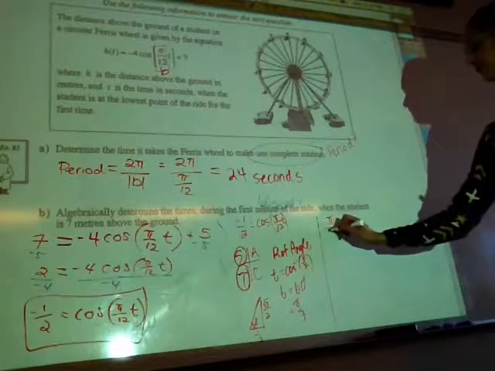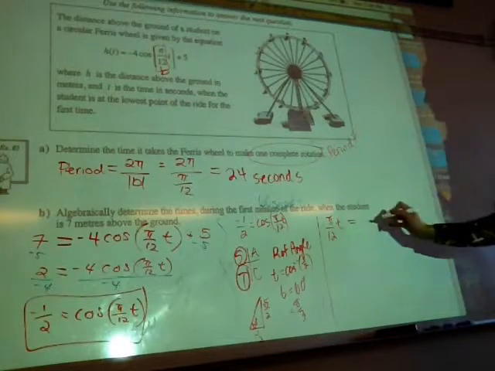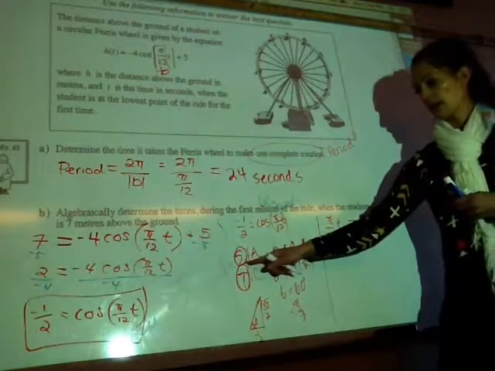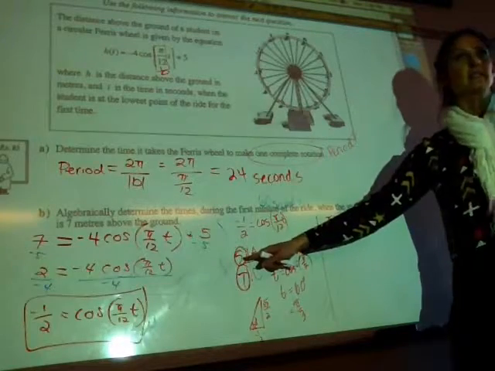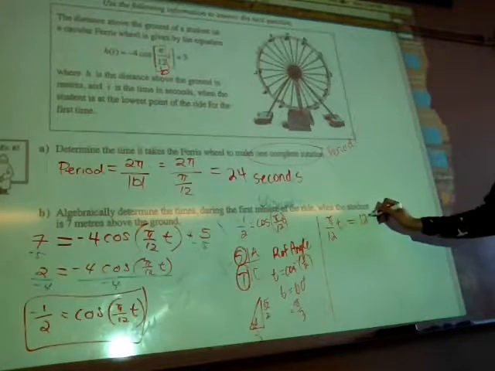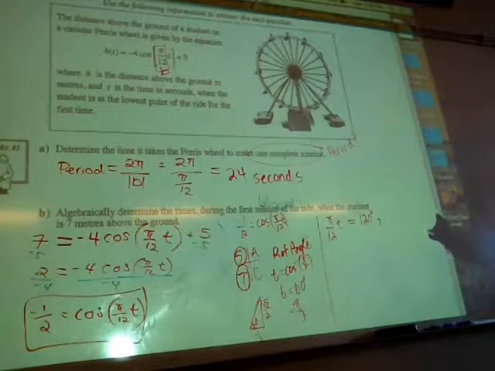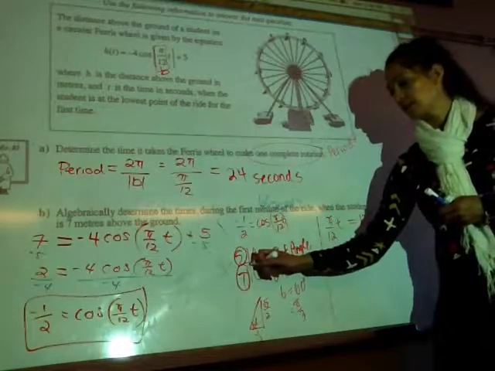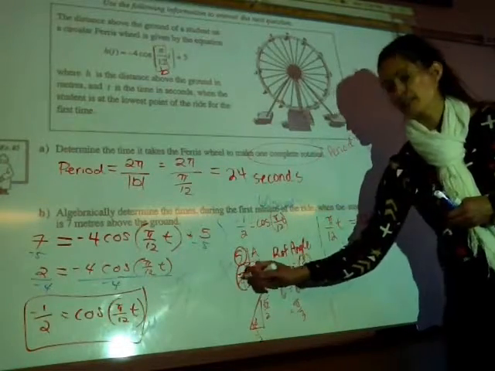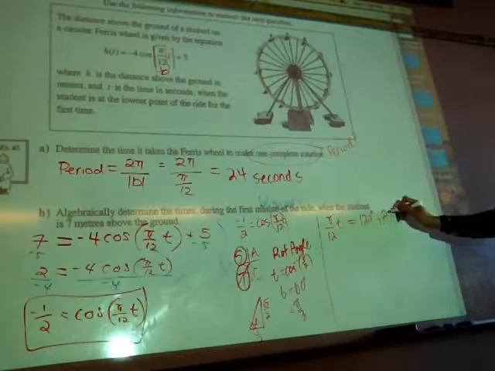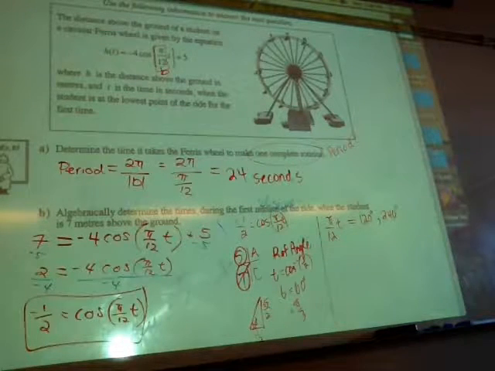So pi over 12t will equal, we have 180 minus 60 is 120 degrees, and 180 plus 60 puts me at 240 degrees.